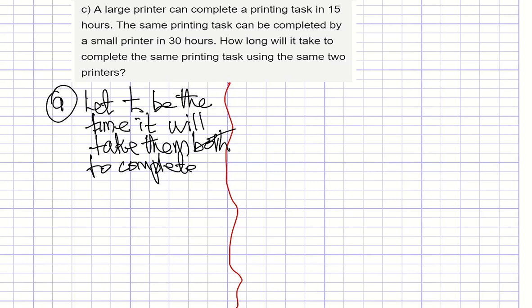Because that's what we're looking for, to complete the same task, working together, okay?